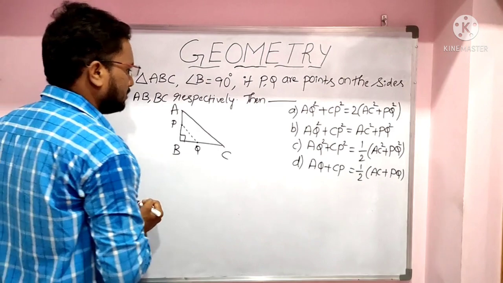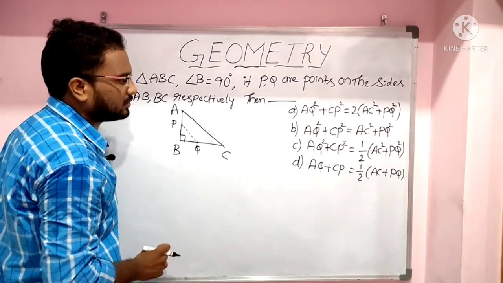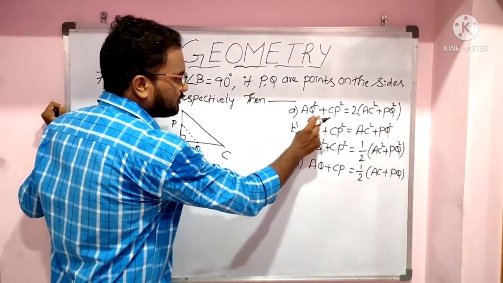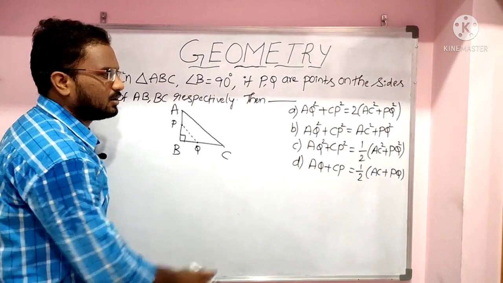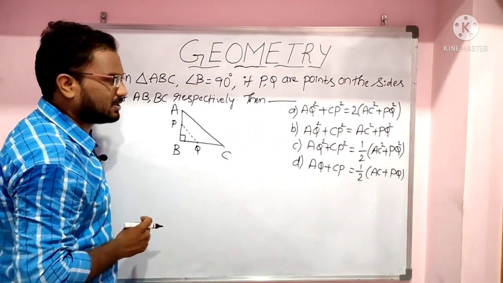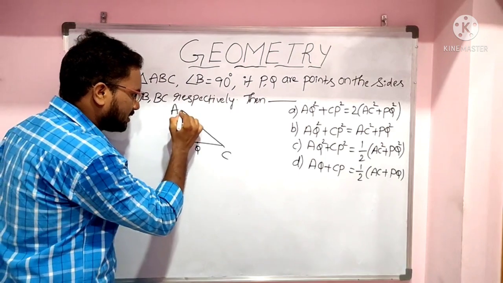Look at the options. AQ square, CP square. All the options are based on AQ and CP squares. So first of all we need to find what is AQ square.